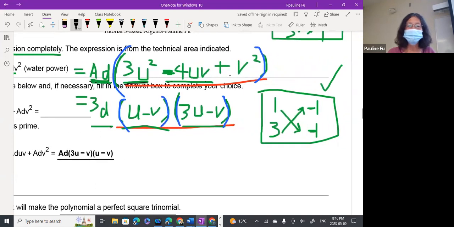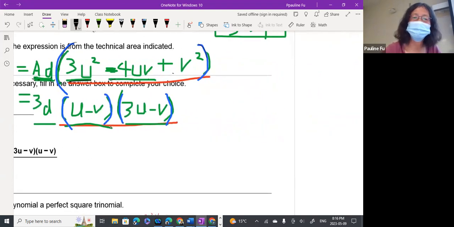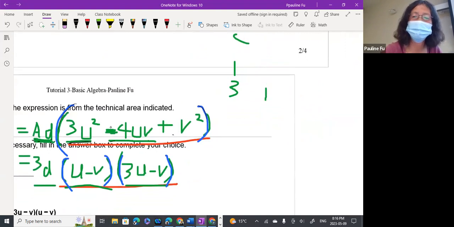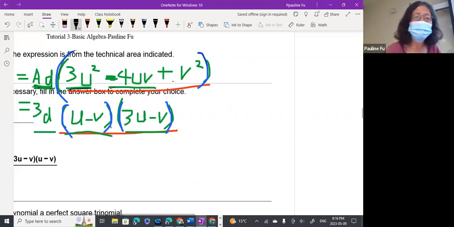And then this part, this blue bracket, you need to factor. So you need to find two numbers. Those two numbers multiplied together equal 3. So naturally 1 times 3 equals 3.